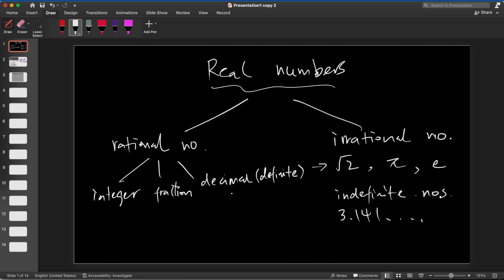Definite means there is a pattern, and they stop at one point. For example, you have 0.2, or you have 0.3 with a dot above, which means this is equal to 0.33333. Okay, even though 0.33333 is non-stop, there is a pattern to it. That's why it's grouped under decimal number and rational number.